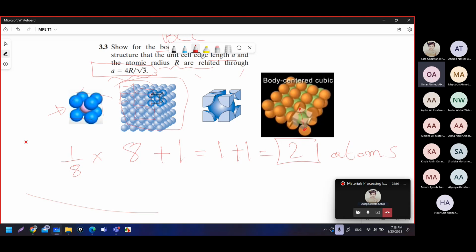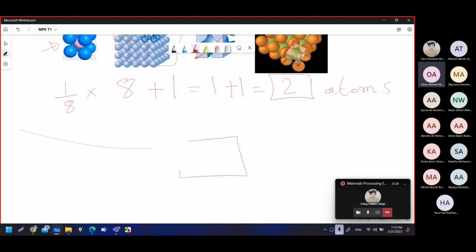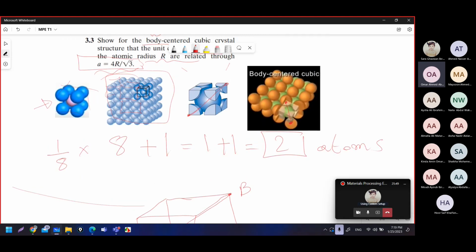If I draw a cube by myself like this, I want to go from this point, let's call it A, to this point, let's call it B. I want to go like this because I will pass through this quarter, then through this entire atom inside the cube, until I reach the opposite corner.